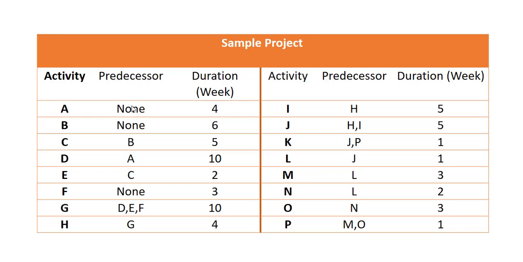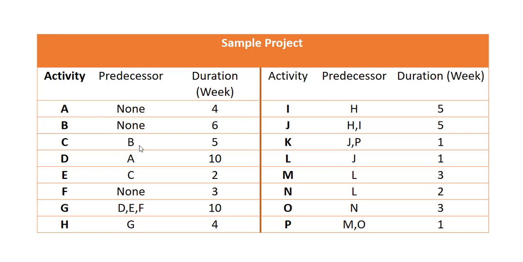In the next column we can see predecessors. Predecessors are those activities which are to be completed before starting that activity, like B is completed before starting C. That means C depends upon activity B. For example, if you want to paint a wall, then painting is activity C, but activity B is preparing the wall surface.